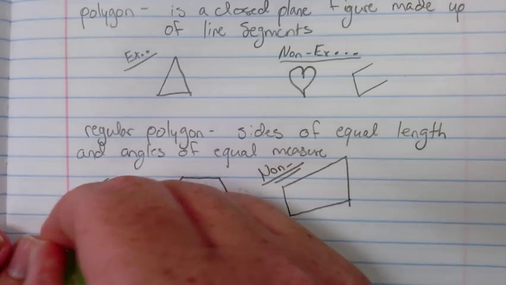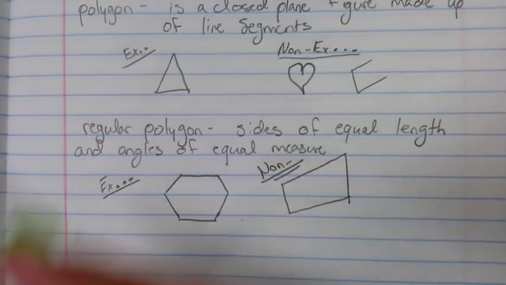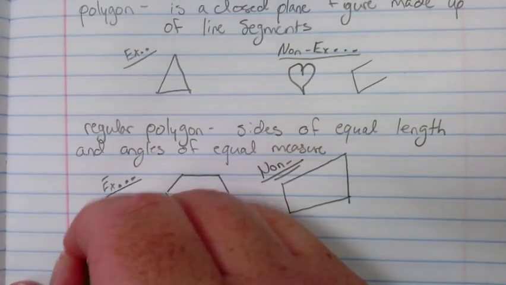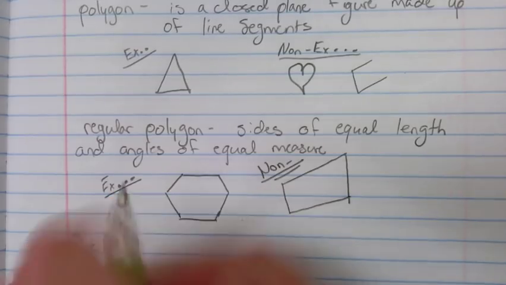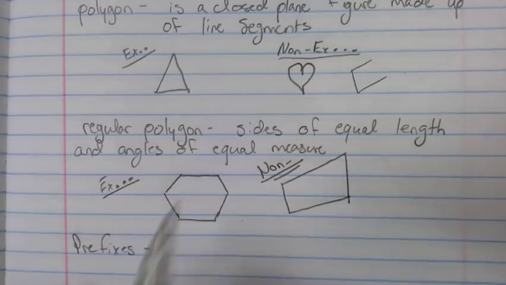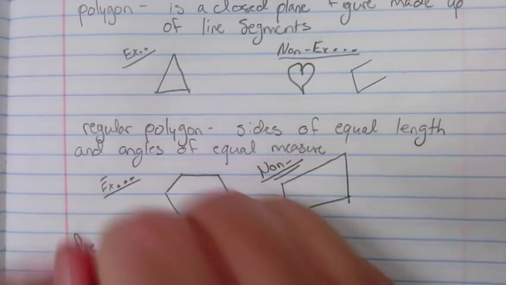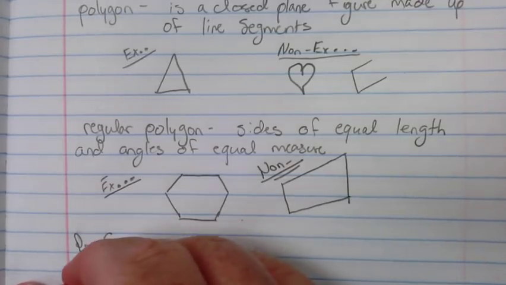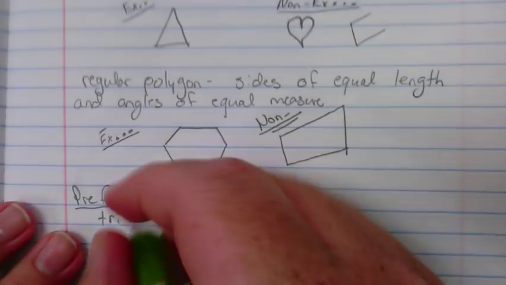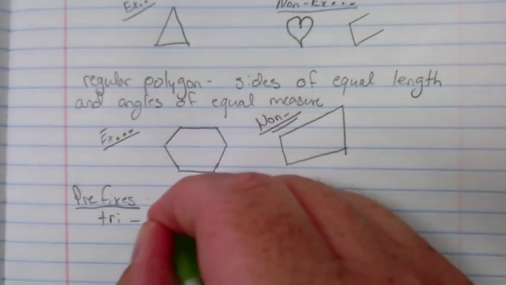We'll do prefixes in our notes. Let's underline this. Our first one is tri. In a tricycle, tri means 3. So a triangle has 3 sides.